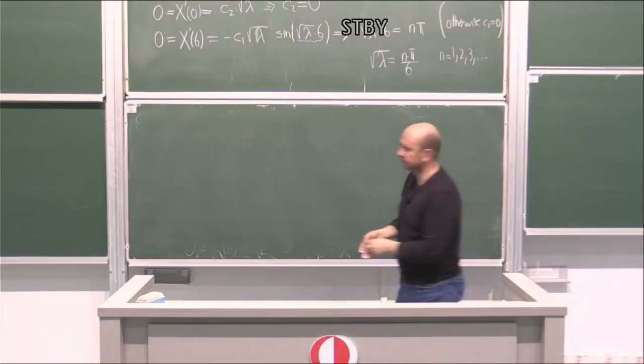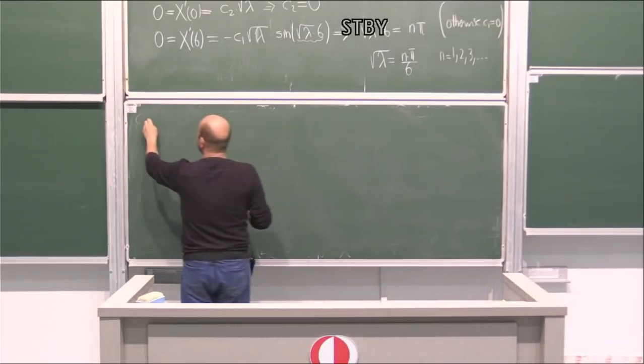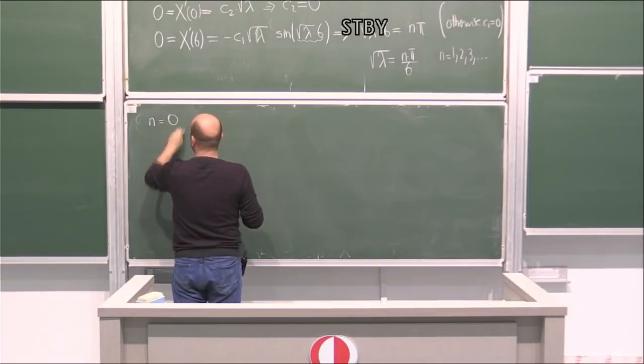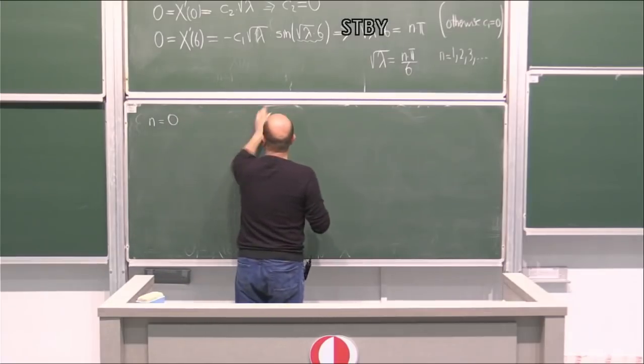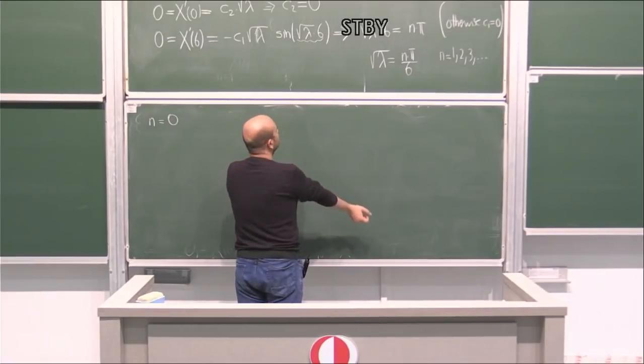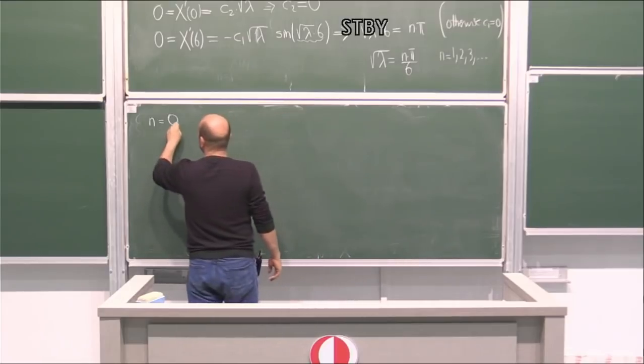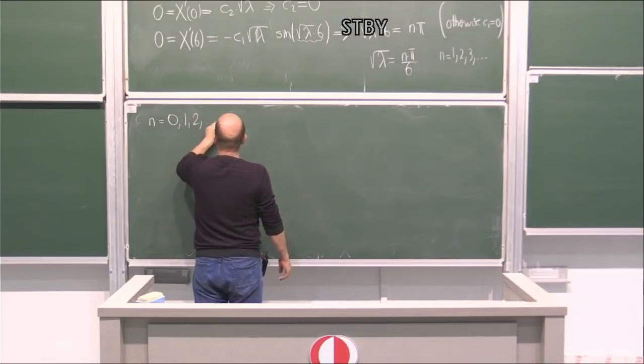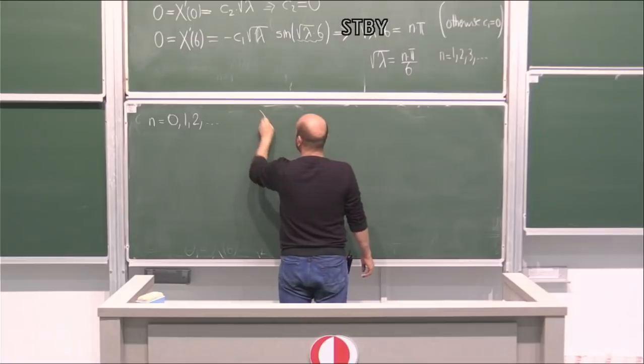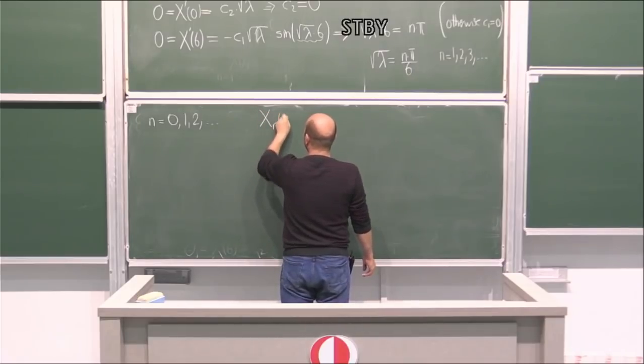For n now starting from 0, 1, 2, for each of them, basically we get the following solution.